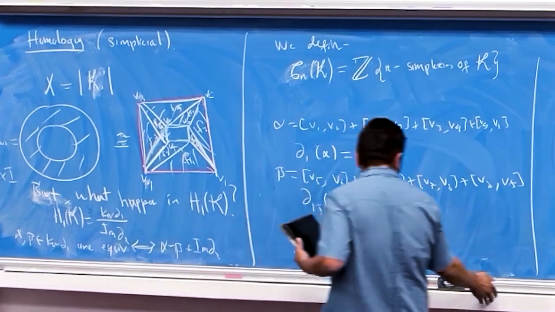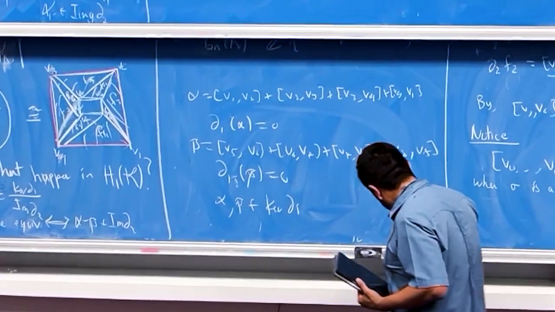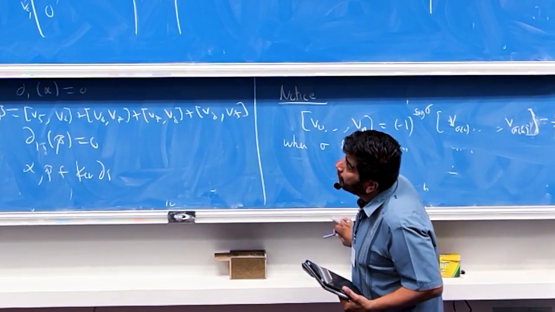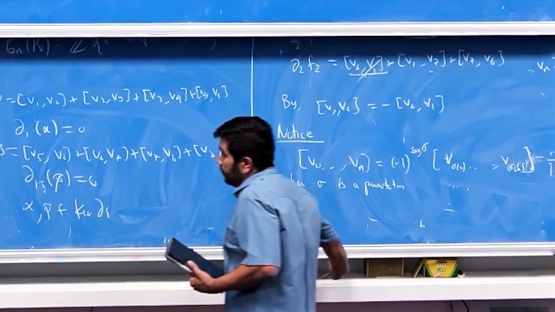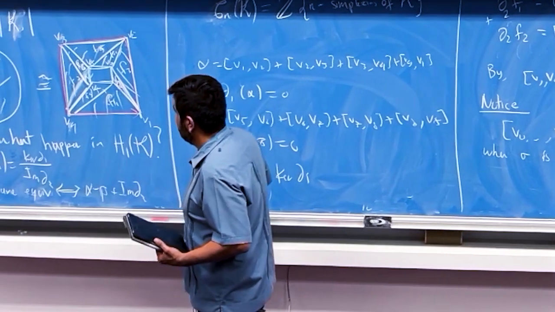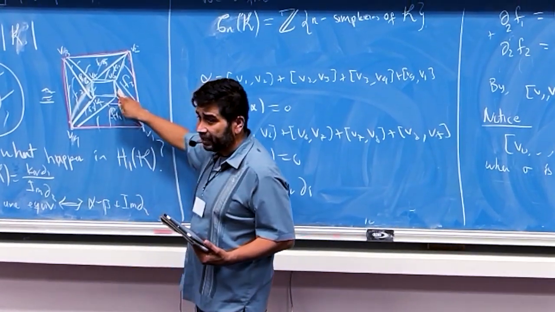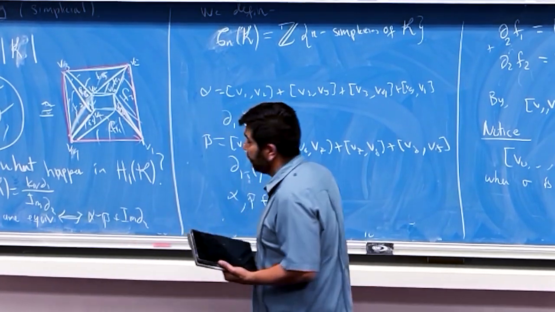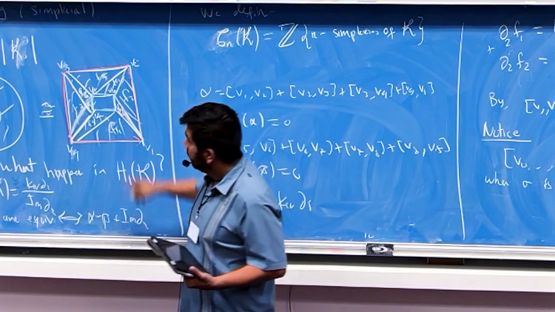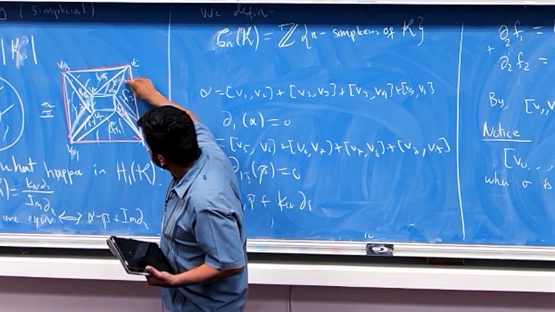It's the other color. So this edge here, which is B1, B6, got canceled when I add F1 and F6. If I add F2 and F3, the same is going to happen. This is going to get canceled. If I add F3 and F4, this one is going to get canceled.